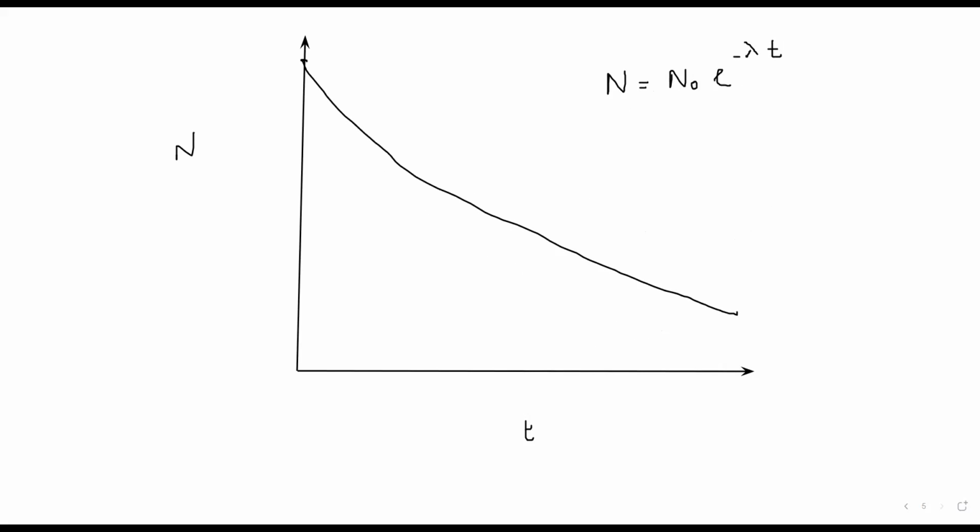This is the equation which relates the number of nuclei in the beginning, that is the maximum, and after some time, that is N. What is lambda? Lambda is called the decay constant. Like how many radioactive atoms are decaying, and how we can work out this formula.